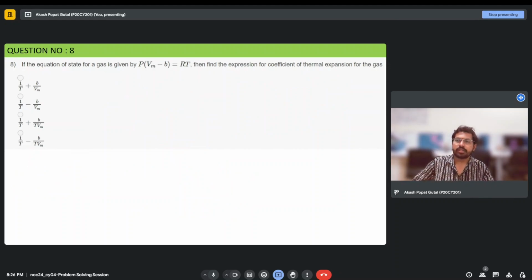And the next problem is: if the equation of state of a gas is given by P into Vm minus B is equal to RT, then find the expression for the coefficient of thermal expansion of the gas. Please do calculate.